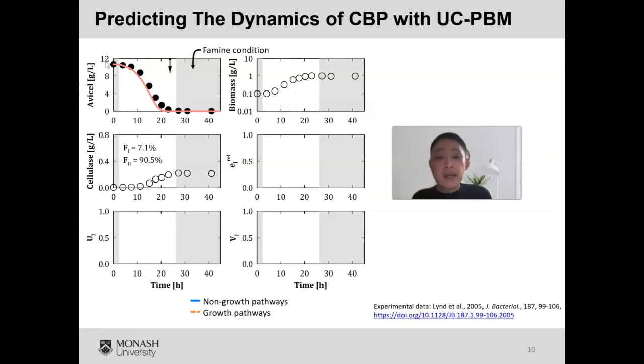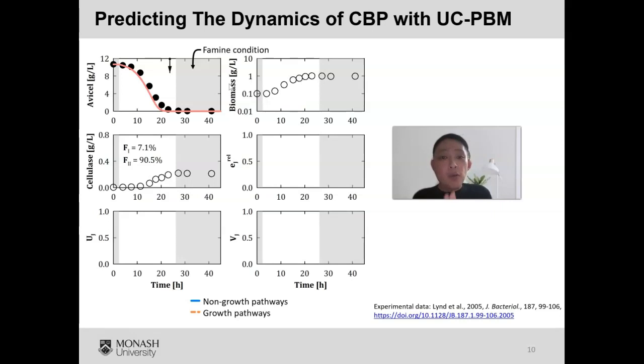This is the utilization of cellulose, the change in the concentration of cellulose over time during fermentation by the particular species that we picked. So we only use this to fit the data, and the rest of the data are indicated as open symbols because we use them mainly for validation.